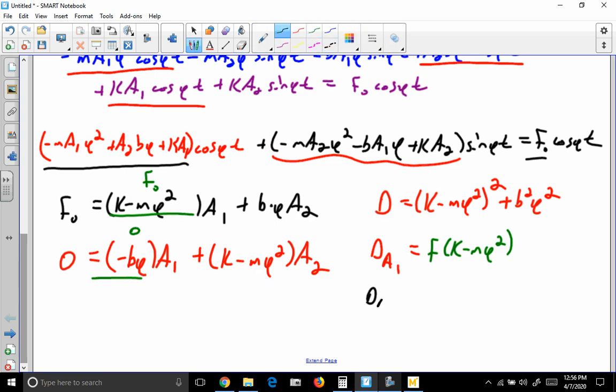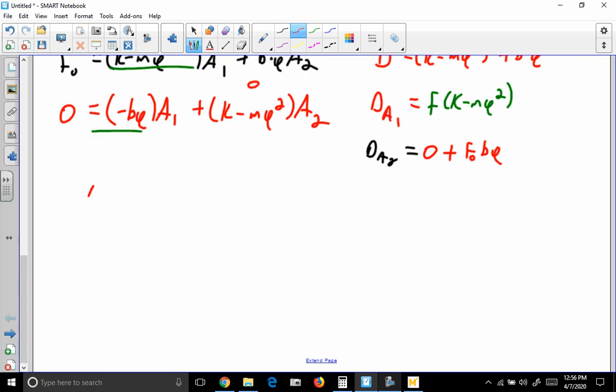And then the determinant for A2, if this time we replace this with F0 and this with 0, is this coefficient times that one, which is 0, minus this product. Negative times positive is negative, and if we're subtracting a negative, we're adding, so that would be F0 times b times gamma.